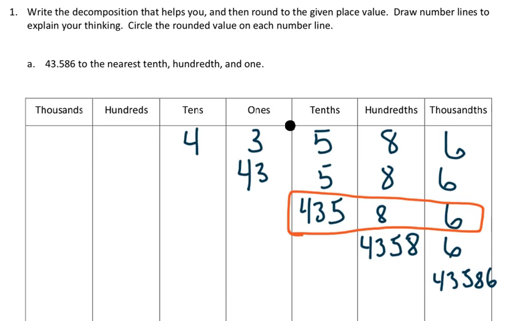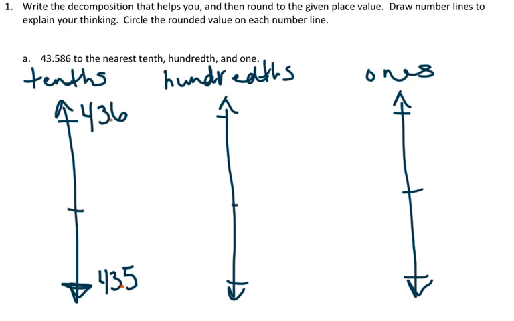So going back, I'm remembering I had that 8. I know halfway between would be 43.5 and 5 hundredths. So if I have 8 hundredths, it's going to be closer to this. So it's going to be closer to 43 and 6 tenths. So that would be our answer for that one.